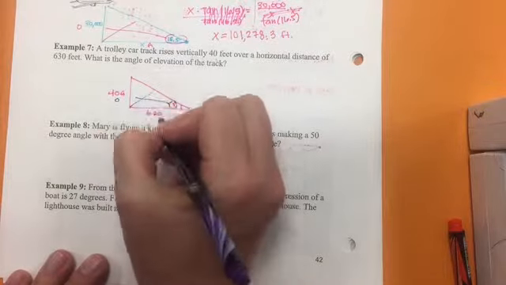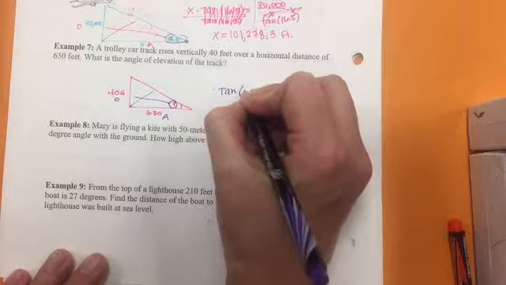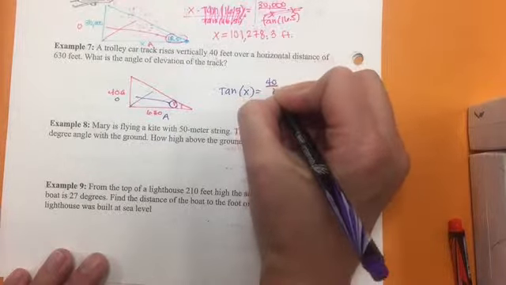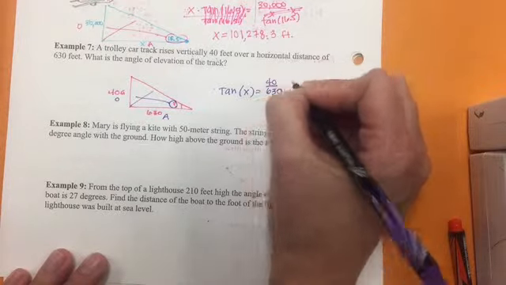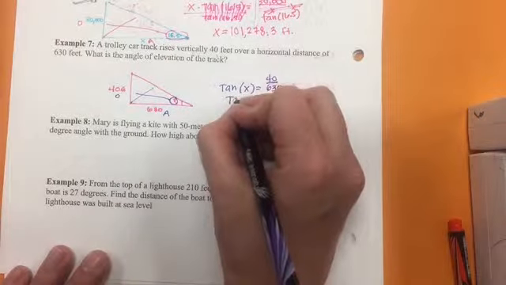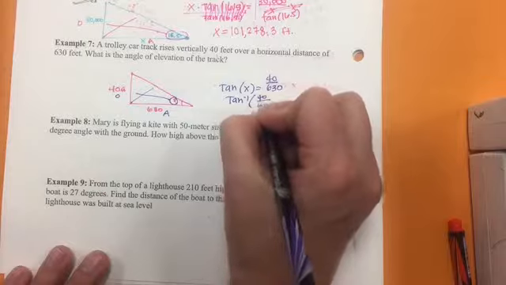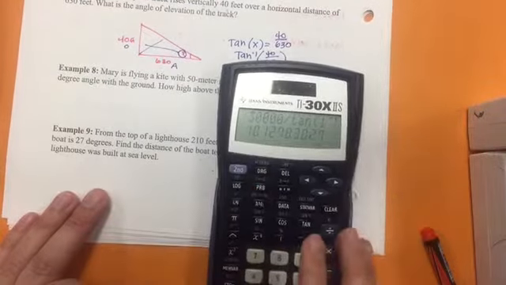Opposite, no hypotenuse, adjacent. We're using a lot of tangents. O over A. Because I'm looking for the angle, I have to use the inverse, and it will go to the 40 over 630, and that'll give us our missing angle.